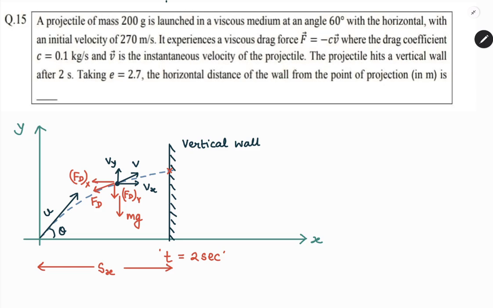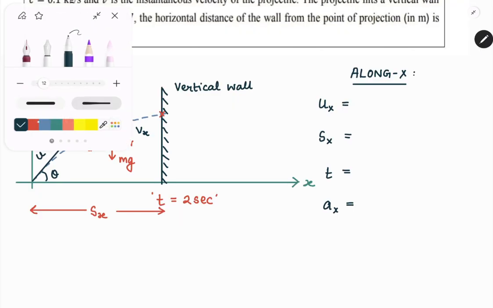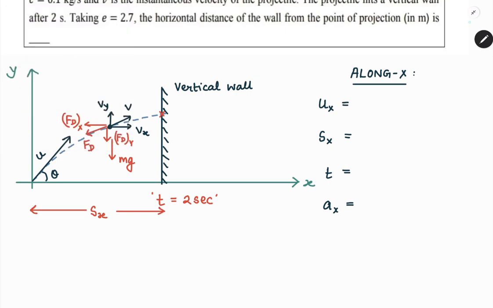We are trying to understand along x-axis. So let us start identifying the components which we are looking for. The initial velocity in the x-axis will be u cos theta, and we know u and cos theta both, so we technically know everything about this term. Displacement along x-axis is something we need to solve in the problem. Time is 2 seconds, so again we know about it.